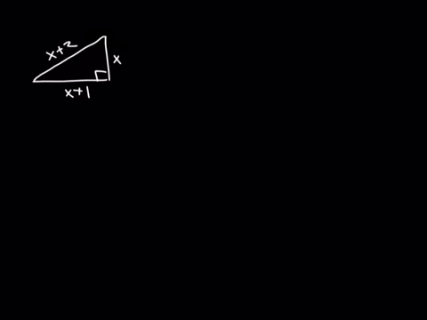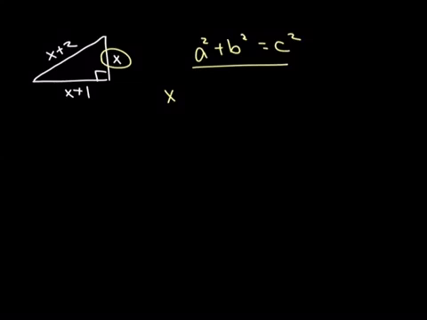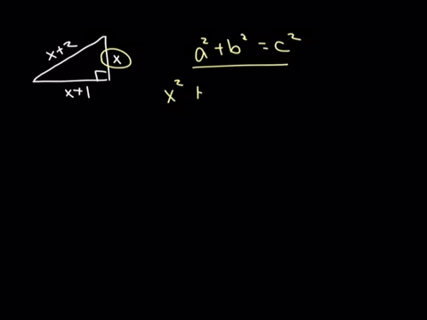So if I follow the Pythagorean theorem, which remember was a length squared plus another length squared equals the hypotenuse, the longest length, squared. So let's look at this. We're going to take one of those plus the other one.